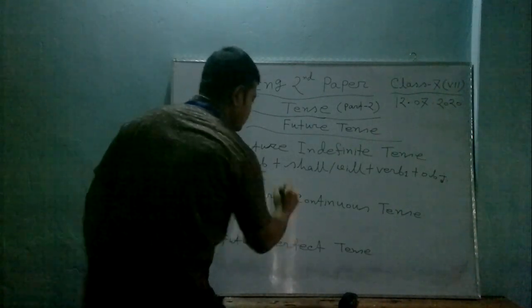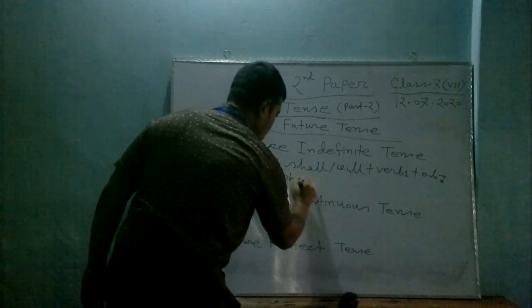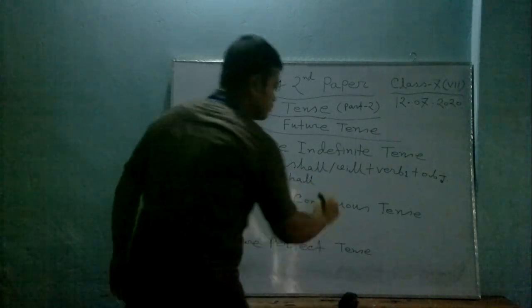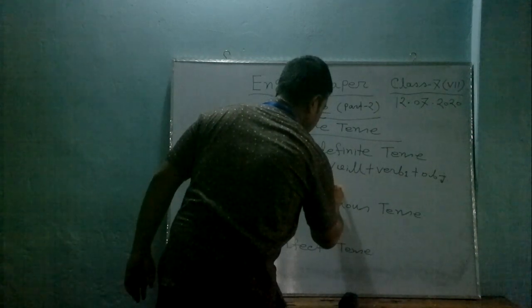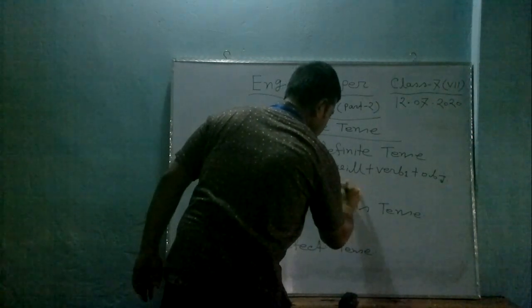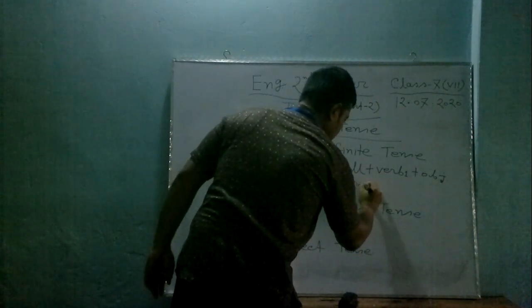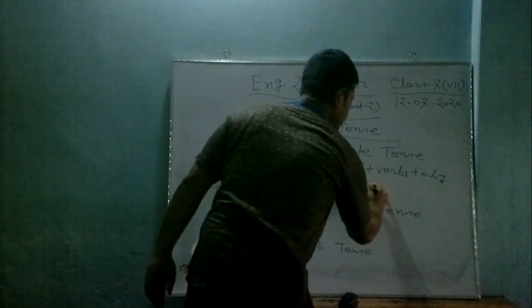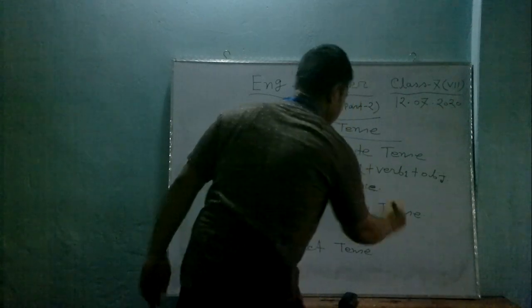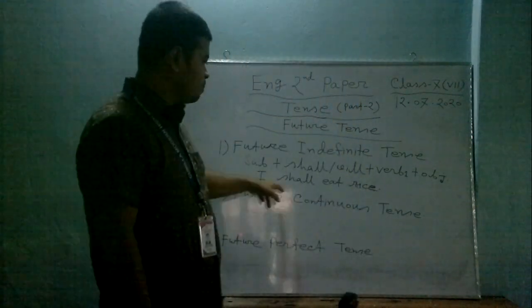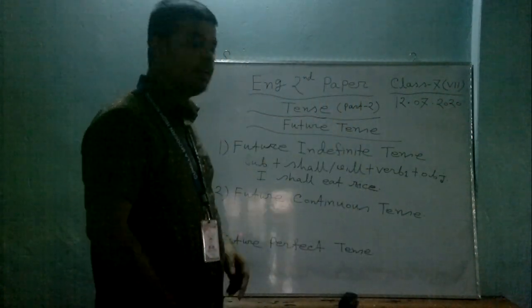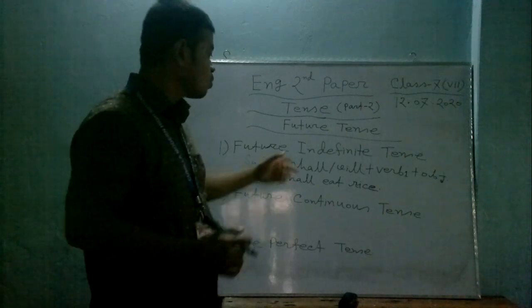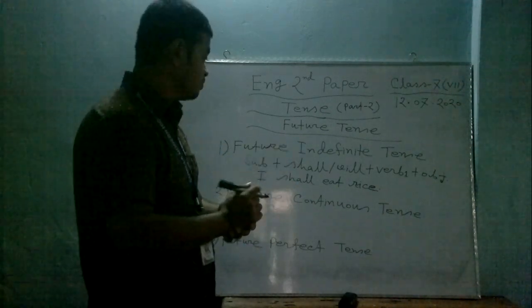Subject will be I, auxiliary verb will be shall, verb 1 is eat, object is rice. So we can make the sentence: I shall eat rice. This is a sentence of future indefinite tense.